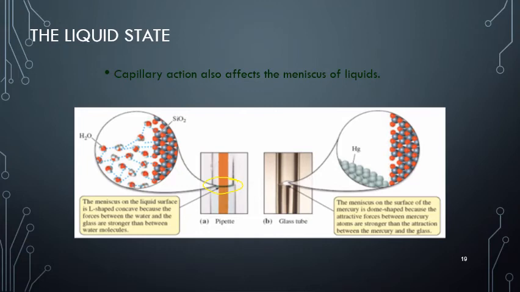Whereas when we look at mercury, now the mercury is going to be more of a dome shape or the convex type of shape instead of concave, because of the fact that it has stronger cohesive forces acting on the liquid particles compared to the adhesive forces between the glass and the mercury. So again, stronger cohesive forces, you're going to get that convex shape. If you have a concave shape, then that means that you have stronger adhesive forces taking place.